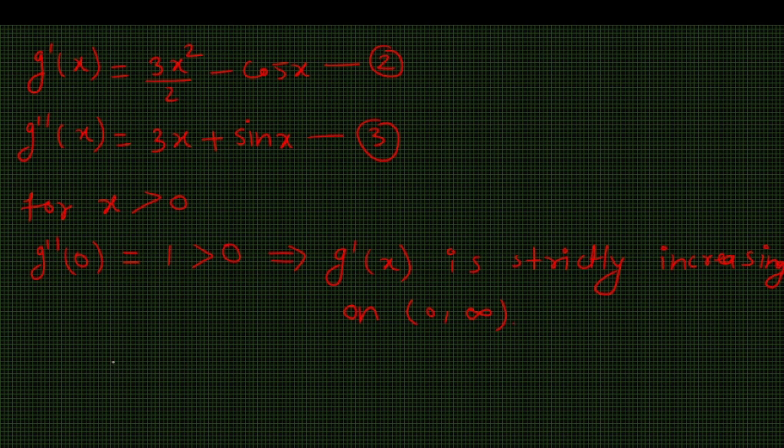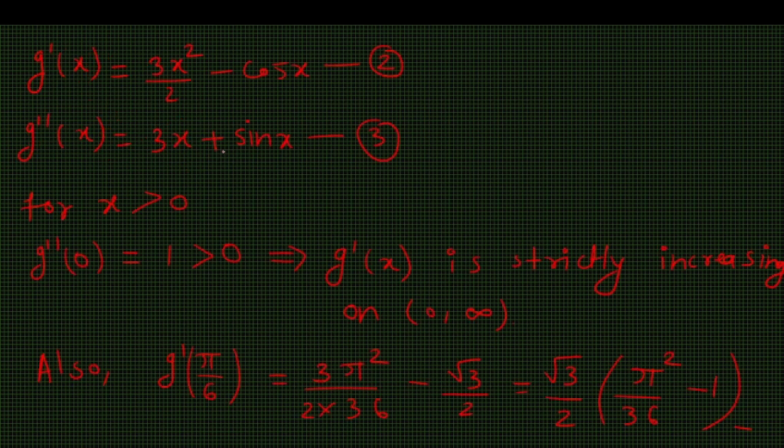Also, g dash of pi by 6 is equals to 3 by 2 pi square by 36 minus cos pi by 6, which is root 3 by 2. Now I will take 3 by 2 common, and in the bracket pi square by 36 minus 1 will give us some negative value. So g dash of pi by 6 is less than 0.